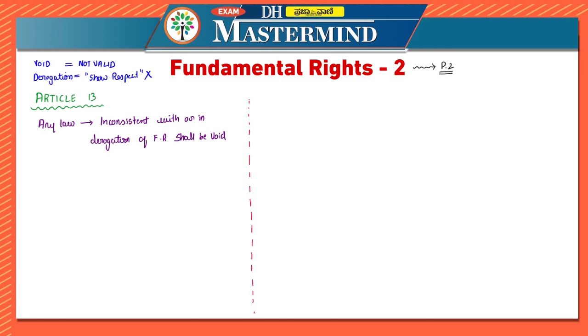Now in Article 12 we saw what exactly is state. In Article 13, in other words, what it is saying is that if the legislature or any law making body is making a law and this particular law is not on par with fundamental rights, or if it is not respecting fundamental rights, then by default it will be invalid.